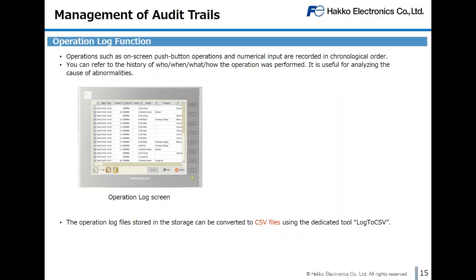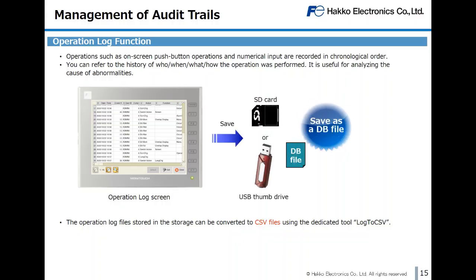It is linked to security function, so the history of who, when, what, and how the operation was performed can be saved as a DB file. This DB file also prevents data falsification. You can convert the DB file to a CSV file by a dedicated tool.